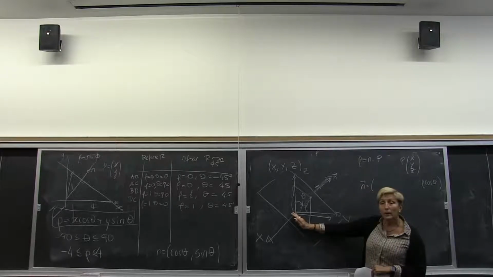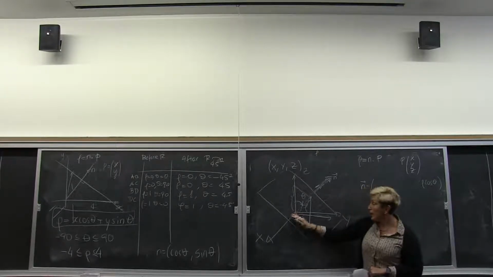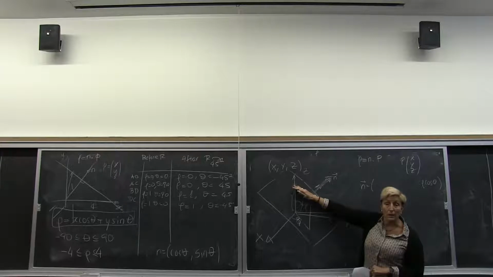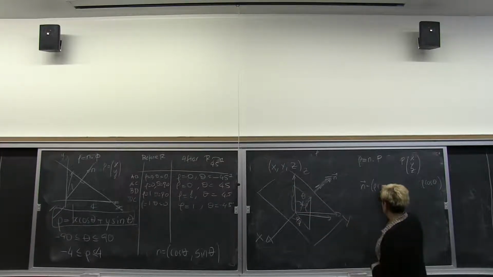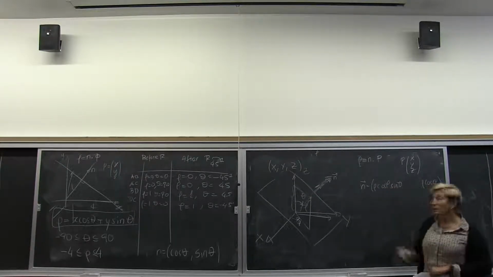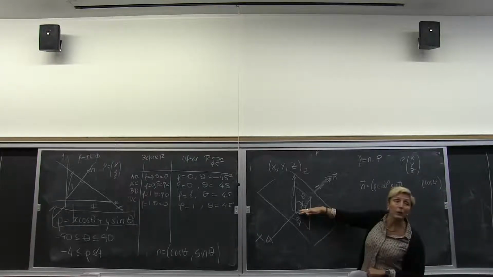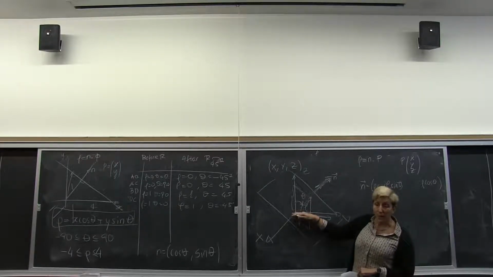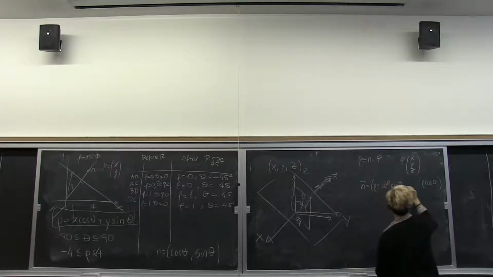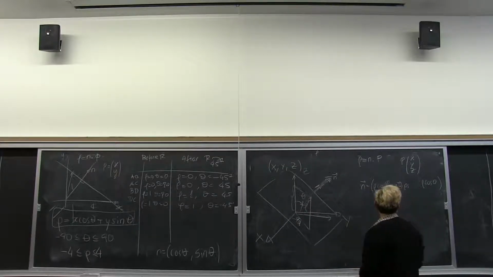I have this guy, cosine phi, and this guy is the same as this guy here. And this guy here is rho sine theta, right? So in the x coordinate, I will have rho cosine phi sine theta. And in the y component, rho sine theta sine phi, right?